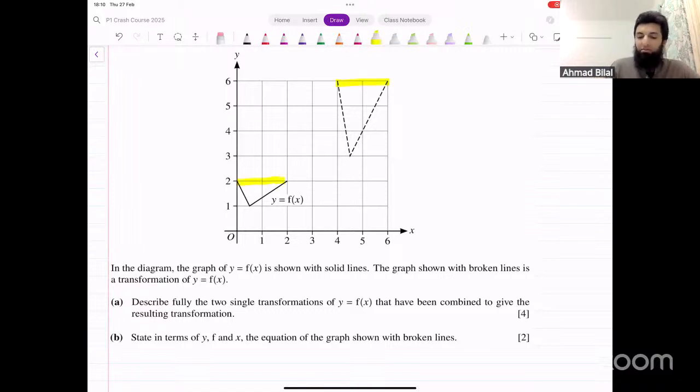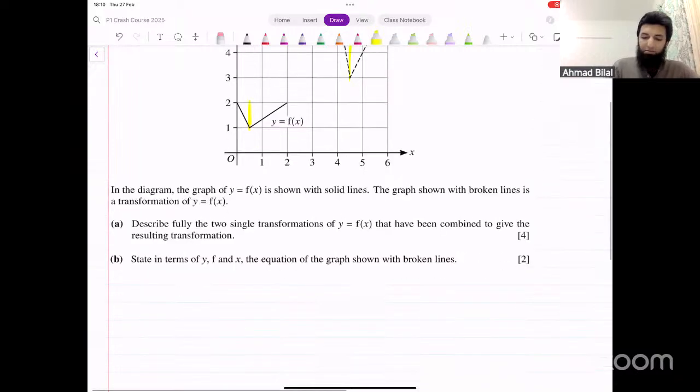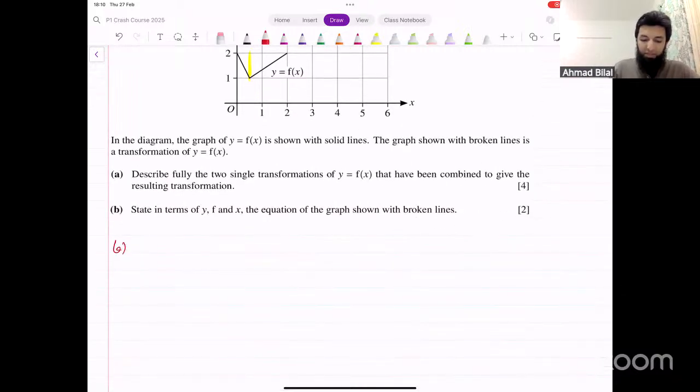Horizontally, the width was 2 units earlier. After transformation as well, it is 2 units. What about vertically? Vertically, the height was 1 unit earlier. Now it is 3 units, so it has to be a stretch by a factor of 3. So what do we write there? We say it's a stretch.